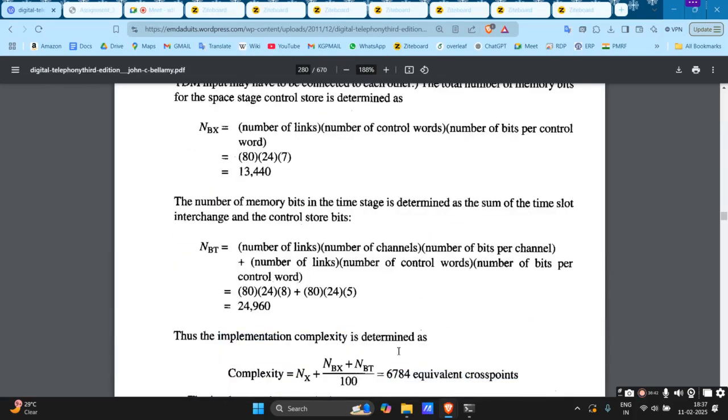Now, you might ask, are we saving anything in terms of complexity?